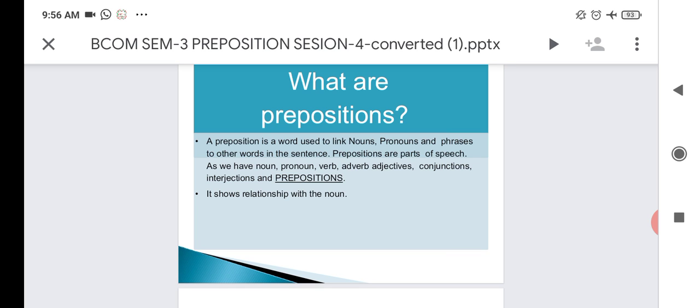Now definitely we must know about the parts of speech, કે parts of speech શું છે. As we have noun, pronoun, verb, adverb, adjectives, conjunctions, interjections and prepositions. આ બધા જ પાર્ટ્સ ઓફ સ્પીચ છે. પાર્ટ્સ ઓફ સ્પીચ એટલે ખાસ કરીને તમે જ્યારે વાક્યનો ઉચ્ચાર કરો છો, જ્યારે તમે સેન્ટેન્સીસ બોલો છો, in that case you need these parts in your speech.